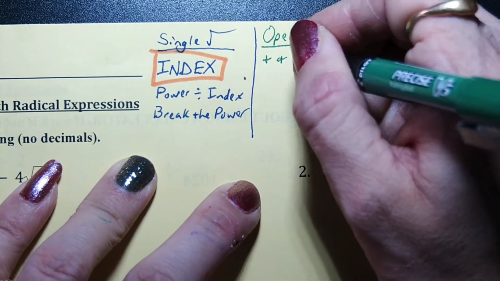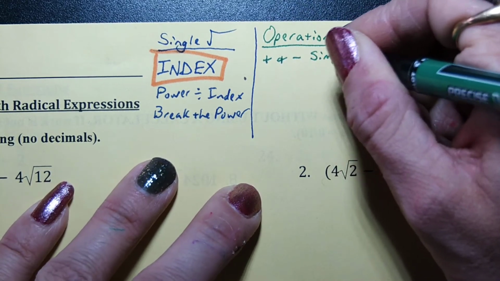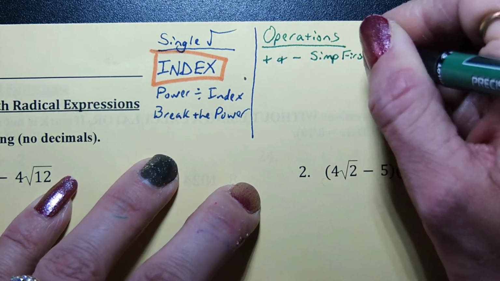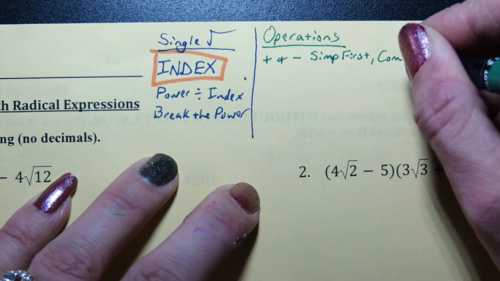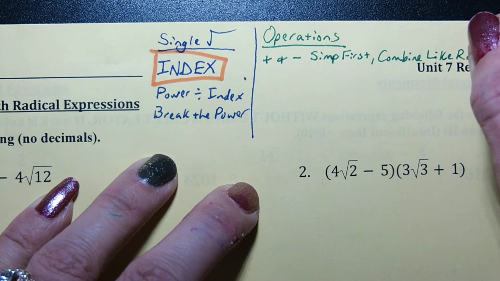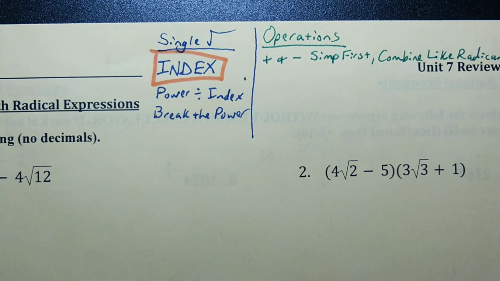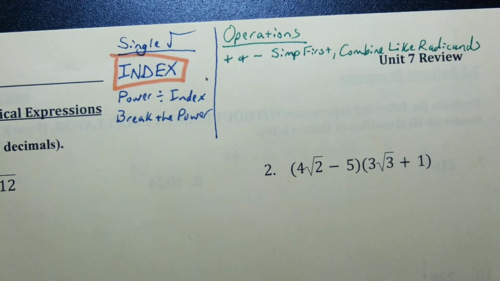Adding and subtracting. And when you add and subtract, you want to simplify the radicals first and then combine like radicands. So simplify first, combine like radicands together.